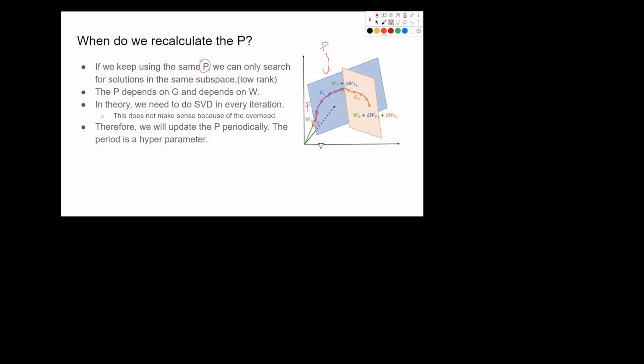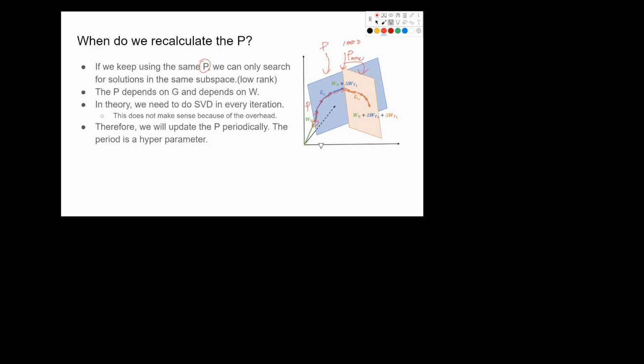So at some point, for example, let's say T is 1000 steps. If T is 1000, we do the SVD again, so we get a new P. The new P will define a new subspace, the purple one here, so we will keep updating in the purple one.